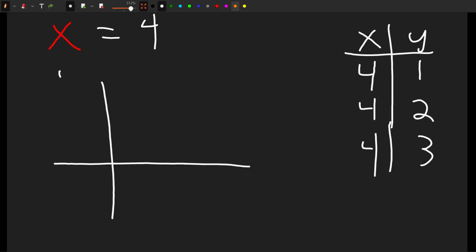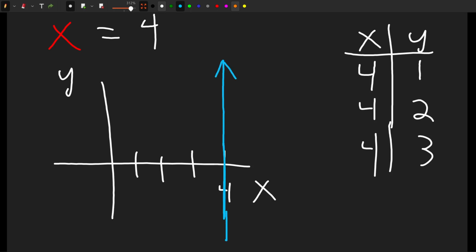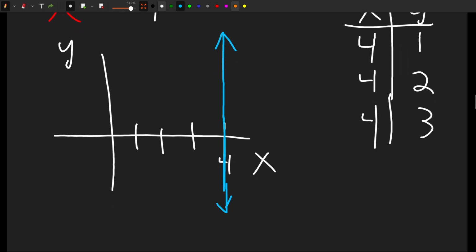here's my y-axis, here's my x-axis. I'm going to go at 1, 2, 3, 4 spots. My graph is right here. No matter what I choose for y, x is always the same. So in this case, my x-intercept, my x-int, as I will abbreviate it, is 4, 0.